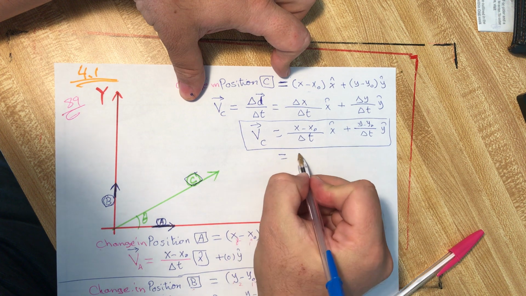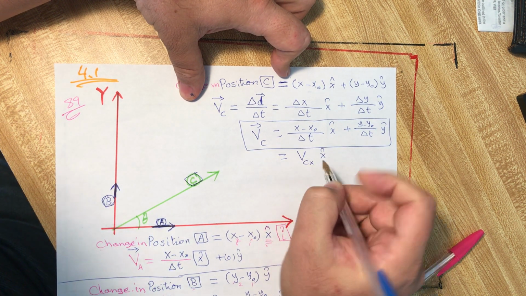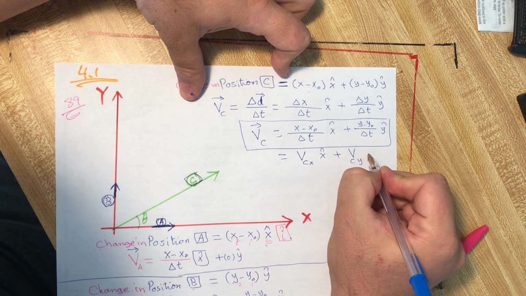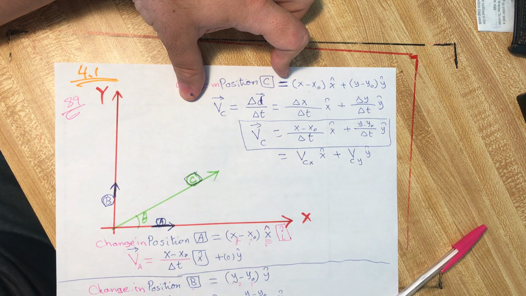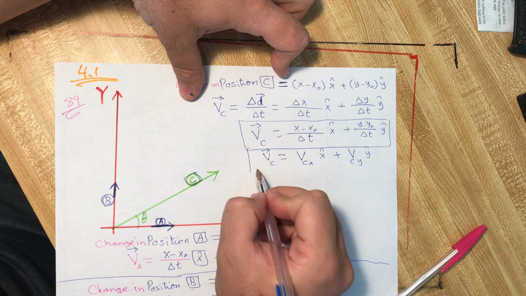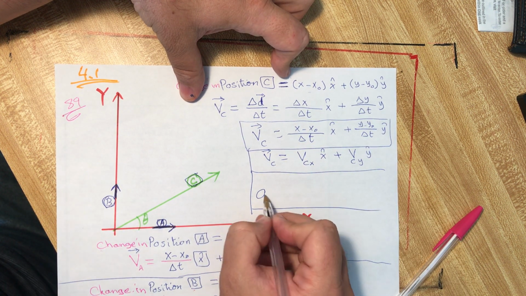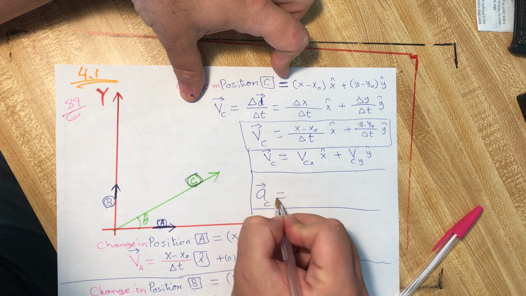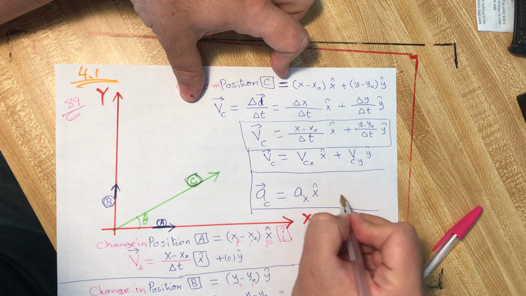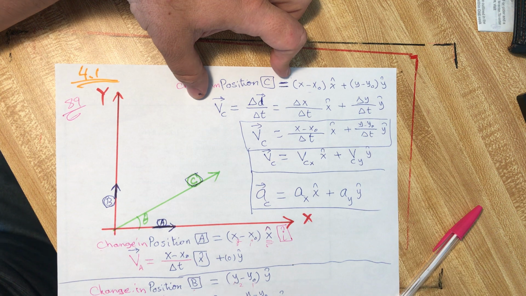This is VC in x direction plus V for the body C in y direction. Also, if I need to compute the acceleration, for example, for the object C, it will be the acceleration in x direction plus the acceleration in y direction.